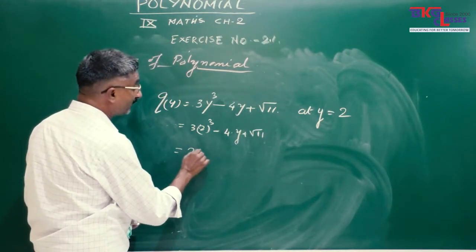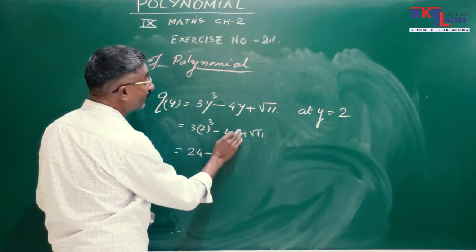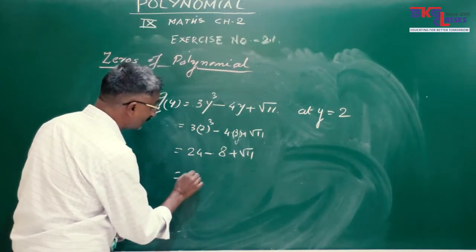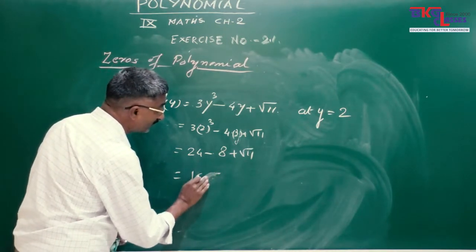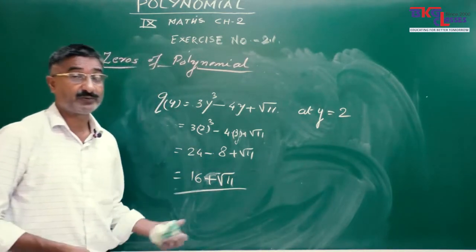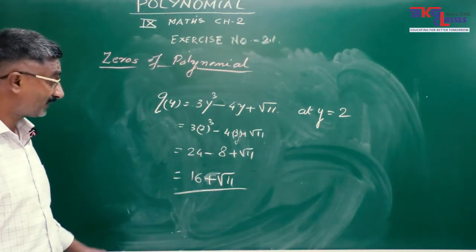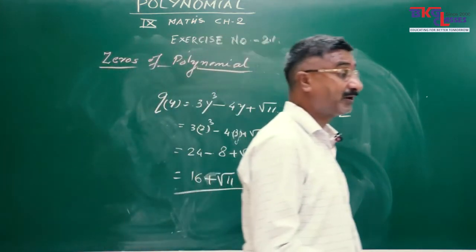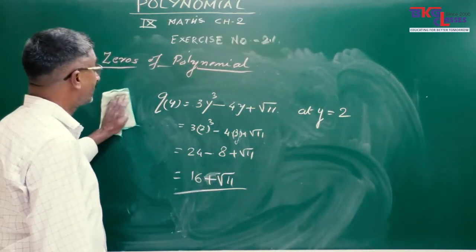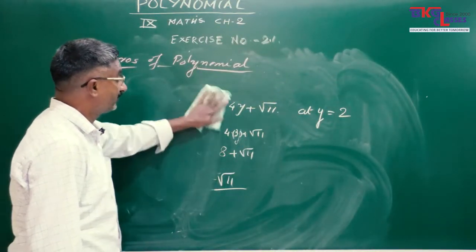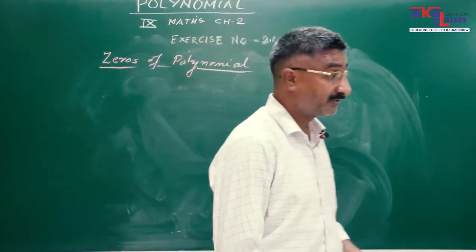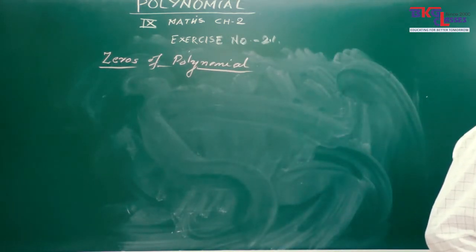So this is 24 − 8 + √11. So this is 16 + √11, instead of getting 32, because we have added it, so now this is subtracted. So you have to be very particular while writing the question that the signs must be correct. Whatever the signs given in the problem, you have to write down the same signs, otherwise your method is correct but your answer is wrong.